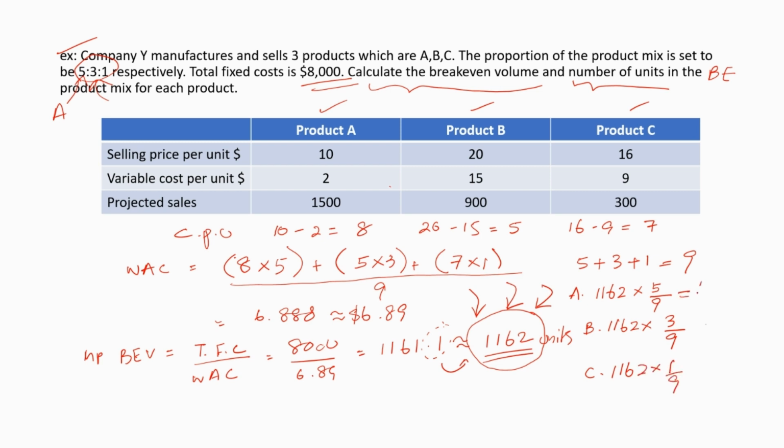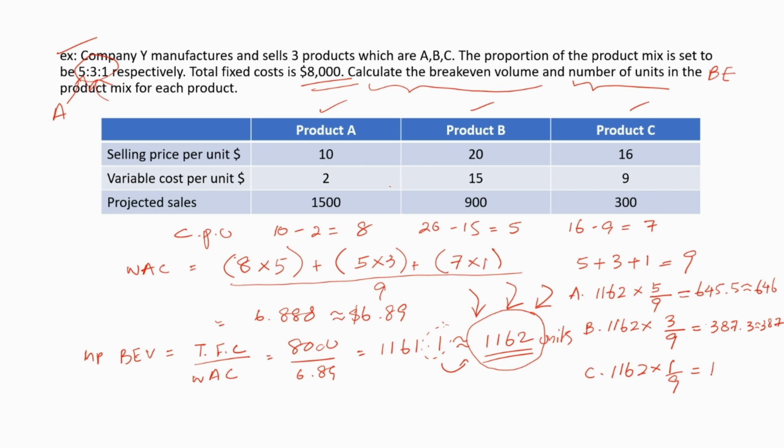There are 645.5 units of product A in the break-even product mix. Let's round it off to 646 units. And there are 387.3 units of product B's in the break-even product mix. Let's round it off to 387.